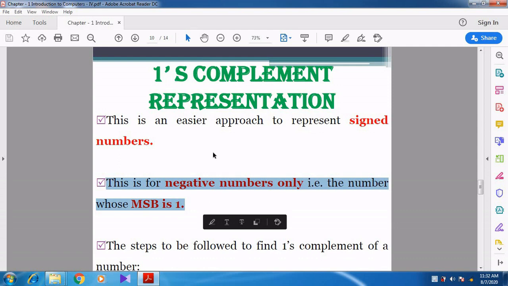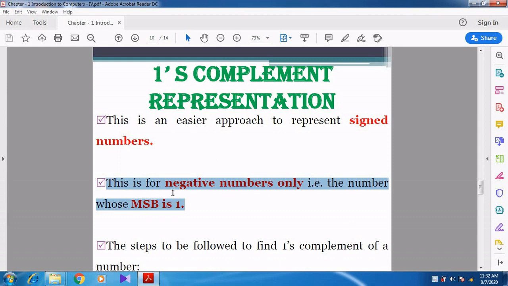With this ones complement representation, we cannot represent positive numbers. We can represent only negative numbers. So this particular method is used only for negative numbers, that is, those whose most significant bit is 1.